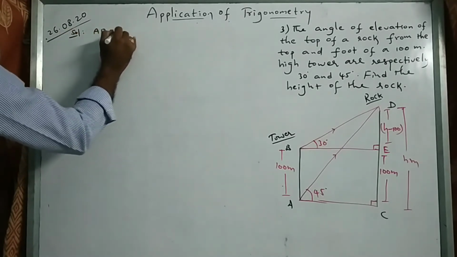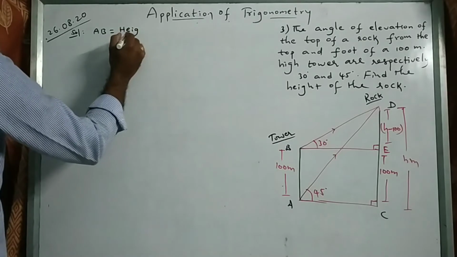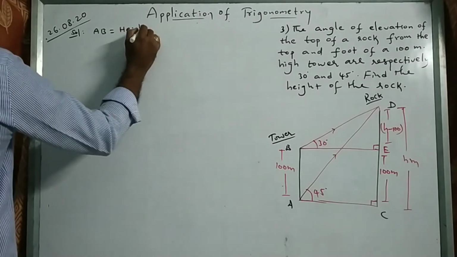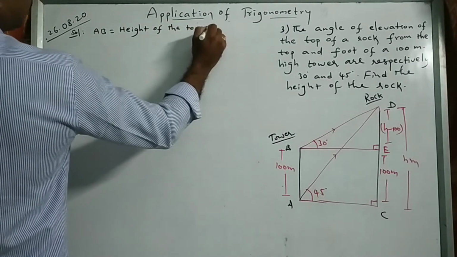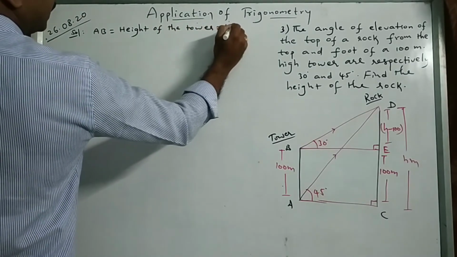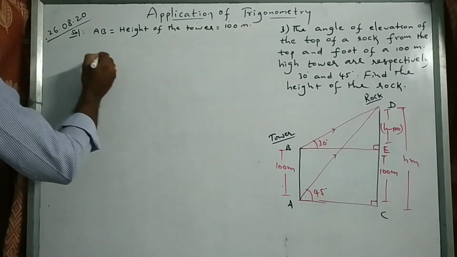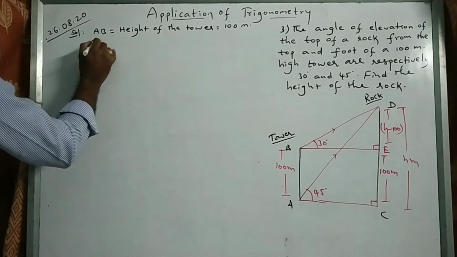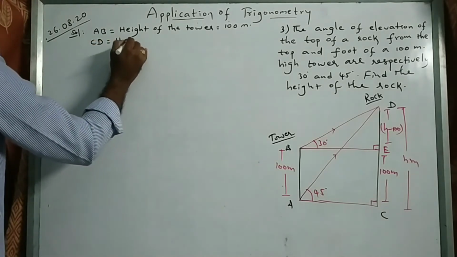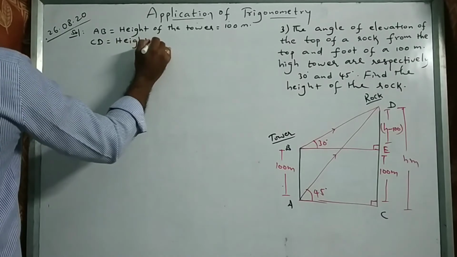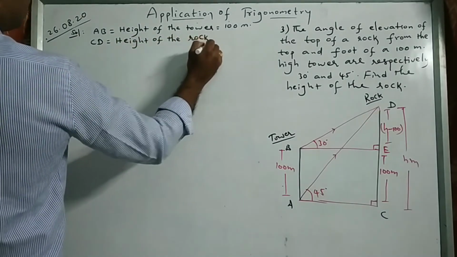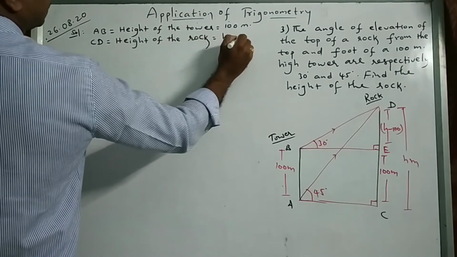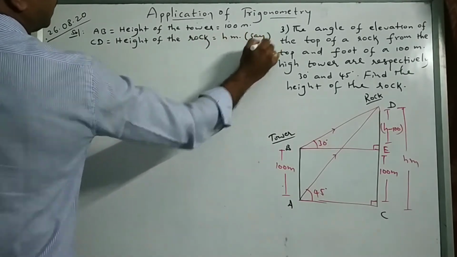What is AB here? Height of the tower, equal to 100 meters. CD equal to height of the rock, h meters. We have to calculate this.